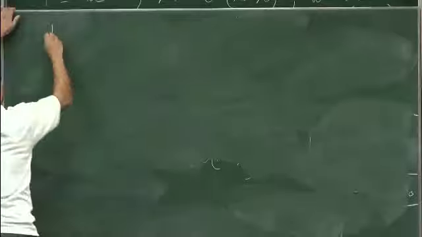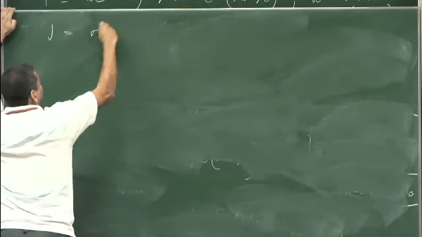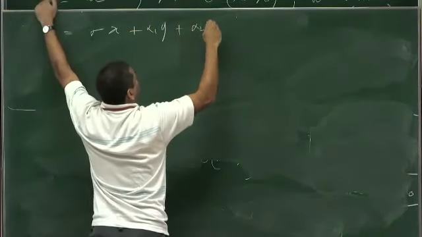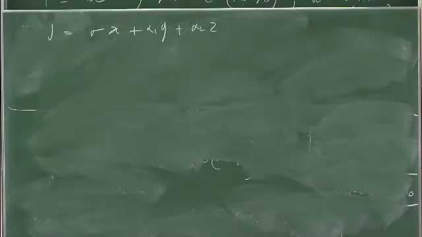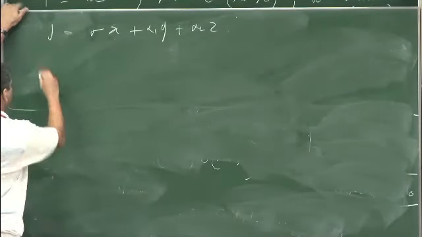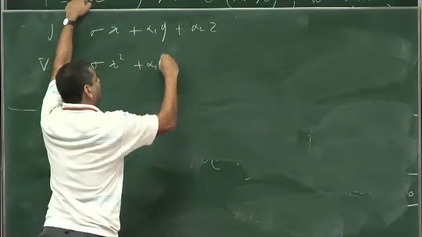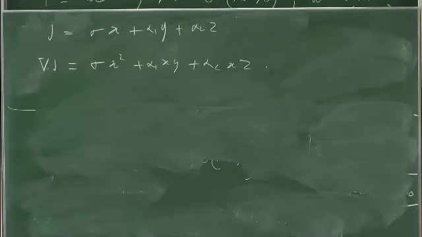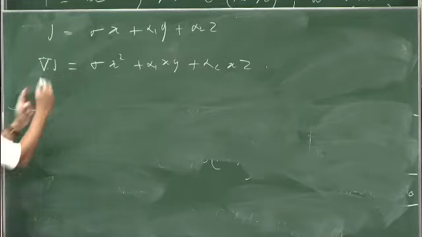Say j was equal to σ times x plus α1 times y plus α2 times z, where x, y, and z are these three vectors. So ∂·j was equal to σx² plus α1 xy plus α2 xz. We are going to demand the positivity of such a quadratic form.